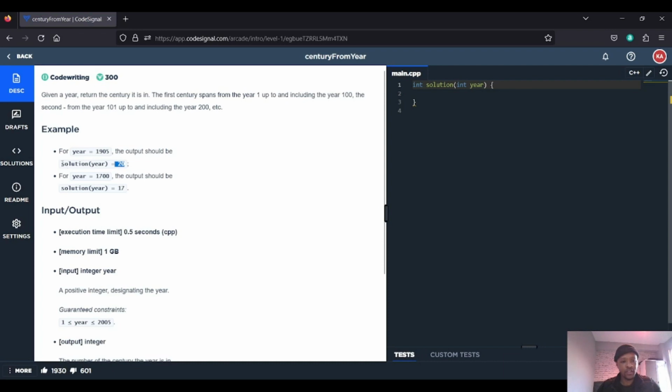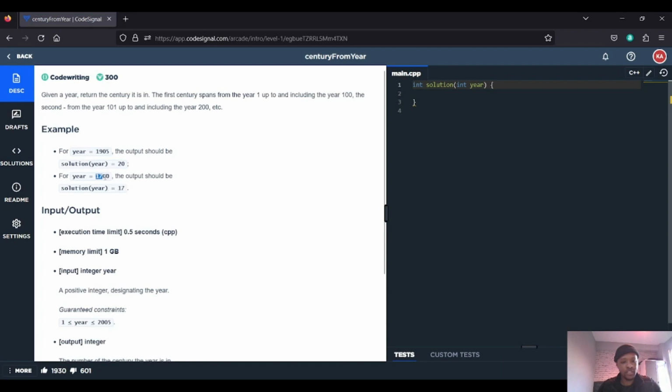Okay, so the function is called solution here, where the input is the year, and this function solution should return 20 for a particular year, which is, for this case, 1905. And for the year 1700, the function should return century 17.